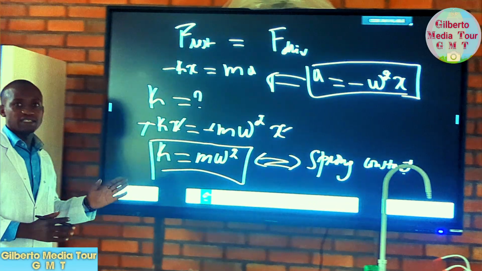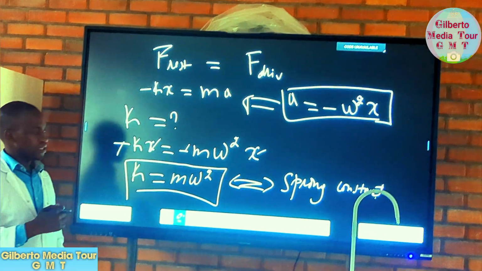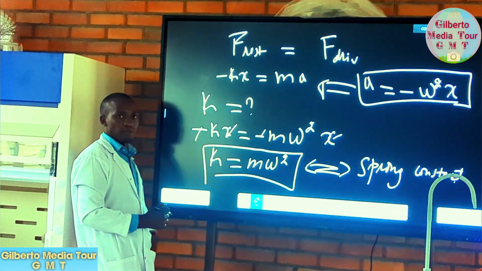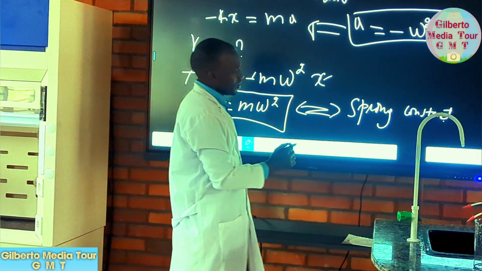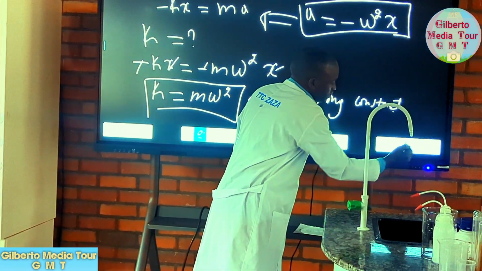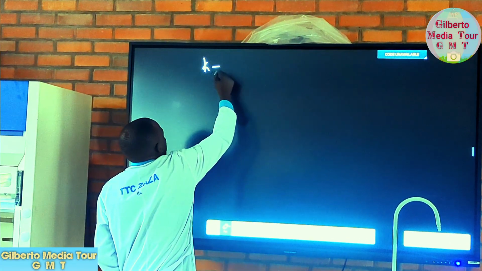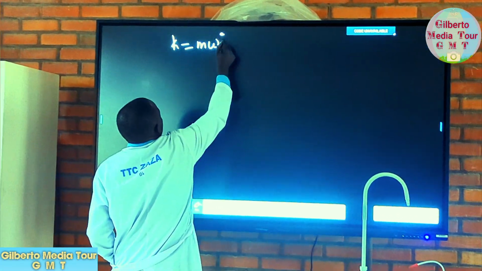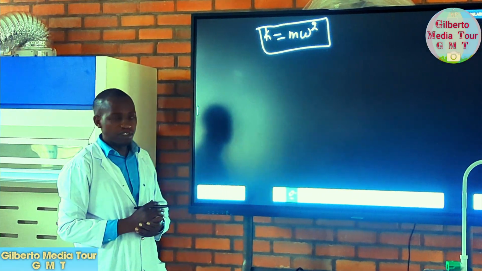So this is the result related to the dynamics of simple harmonic motion. Considering the dynamics of simple harmonic motion, it's where we see the spring constant. Next time, we shall continue with k equals mass times angular frequency squared. At this point, it's possible to find the period.